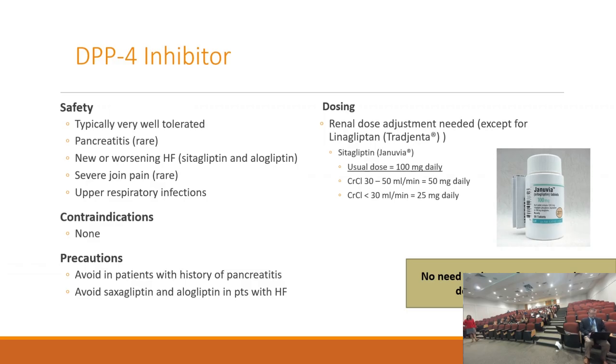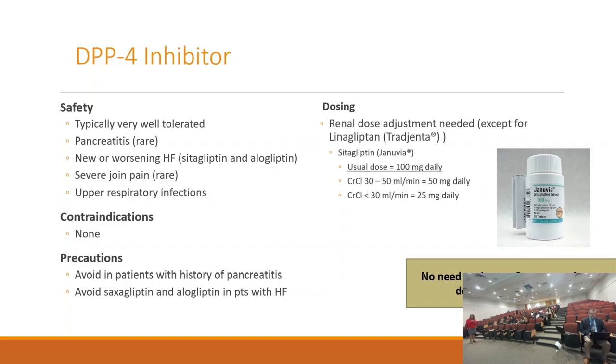So as far as similarities to GLP-1s, both of them can be associated with an increased risk of hepatitis, not hepatitis, sorry, please erase hepatitis from your mind, of pancreatitis. And so if a patient had a history of pancreatitis, you would avoid both classes.